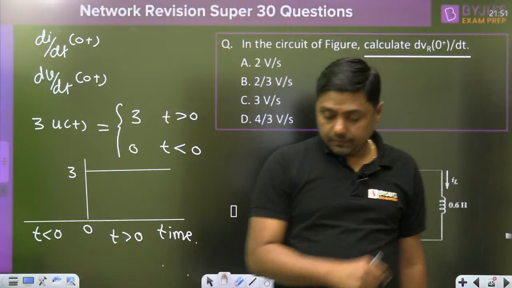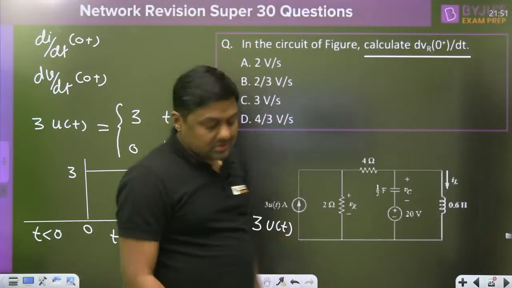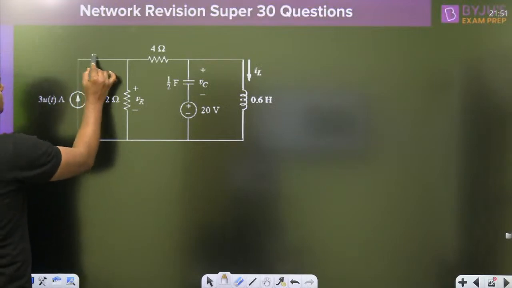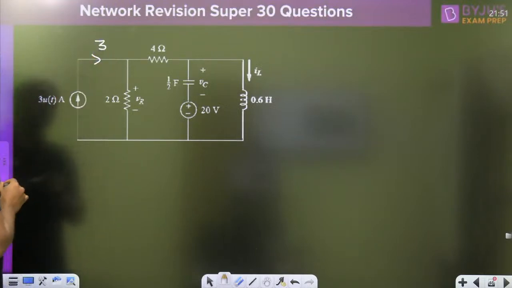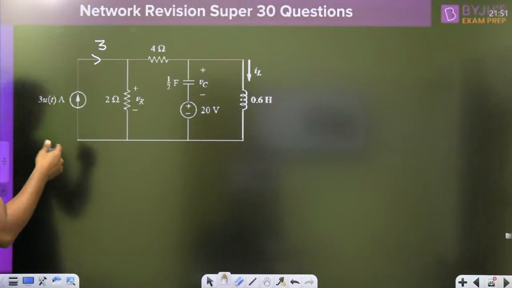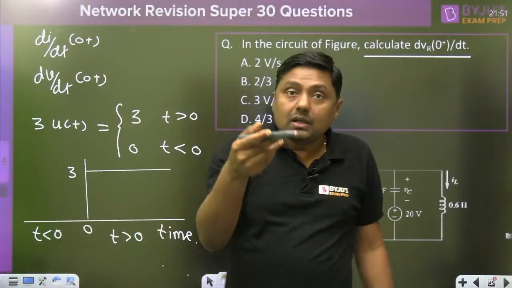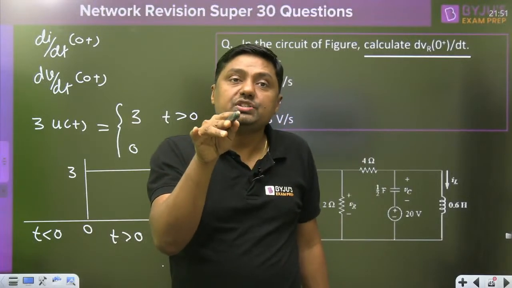Now, the second one: how can we calculate this? Always remember, when we want to calculate dVr by dt at 0 plus, always go for t equal to 0 negative.